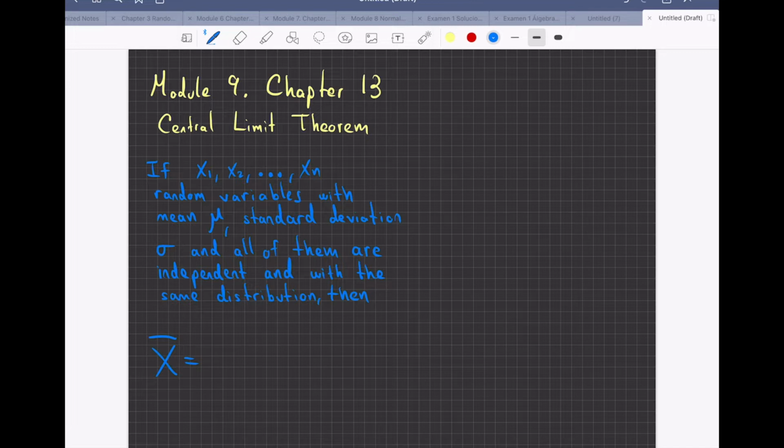we define this new random variable given by x1 plus x2 and so on up to xn, divided by n.